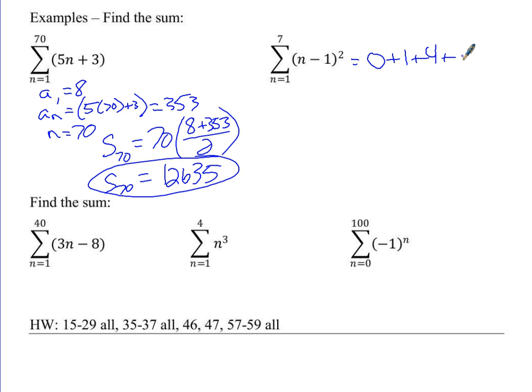Plus, 4 minus 1 is 3, squared is 9. Yeah, so what's the next one going to be? 16. And what's the next one going to be? 25. We're plugging 6 in. Minus 1 is 5. Squared is 25. And we're plugging in 7, right?